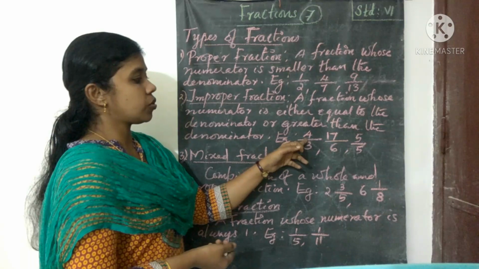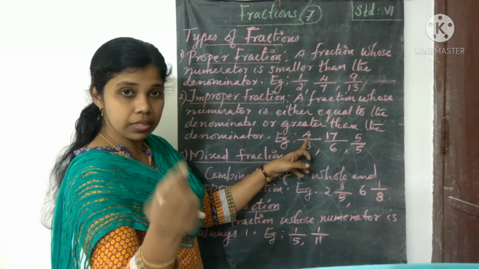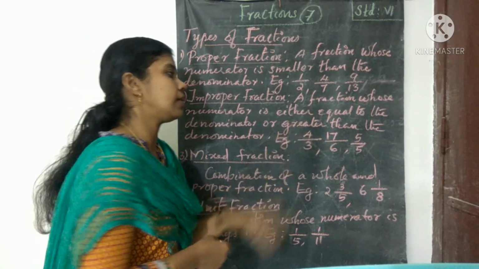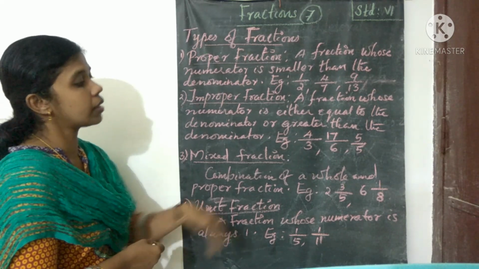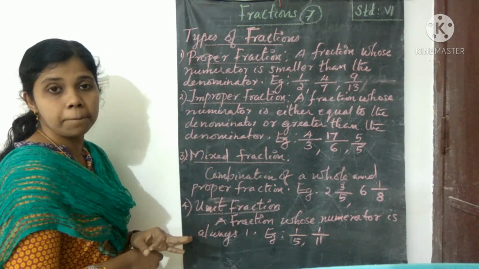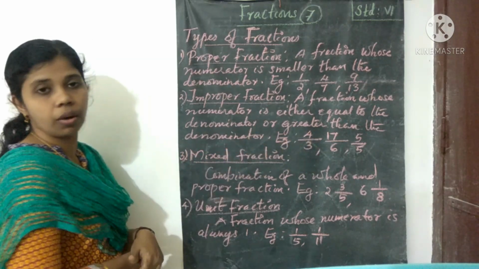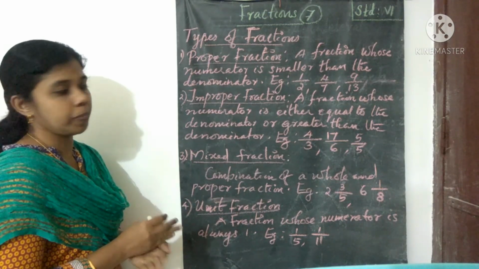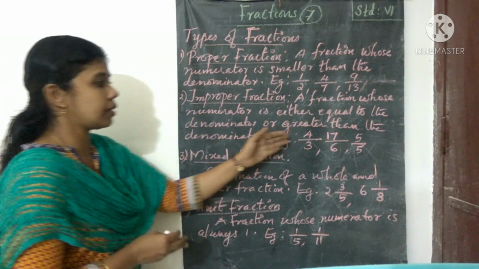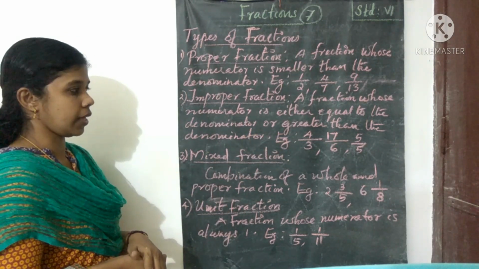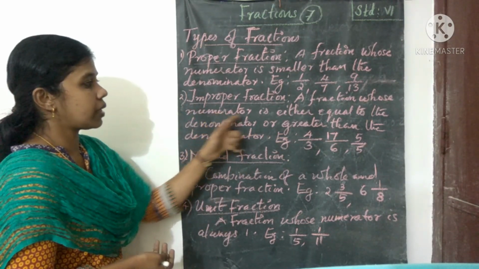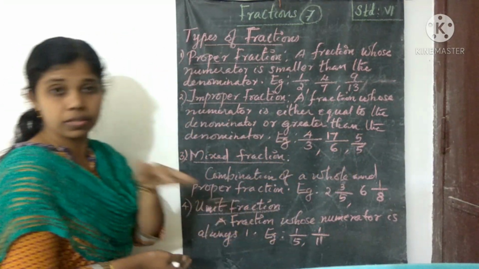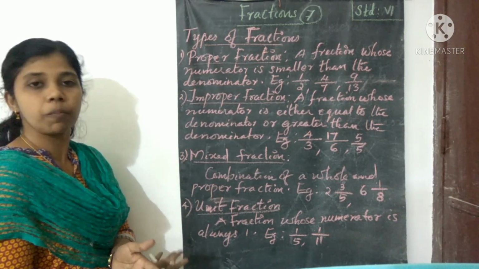That means here the numerator is bigger than or equal to the denominator, and the denominator is smaller. That fraction is called an improper fraction.